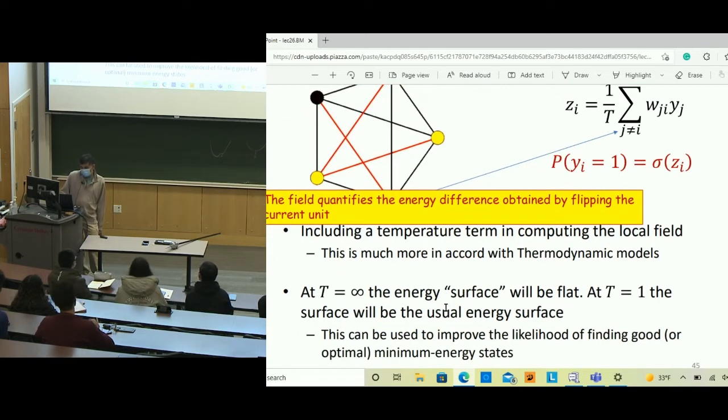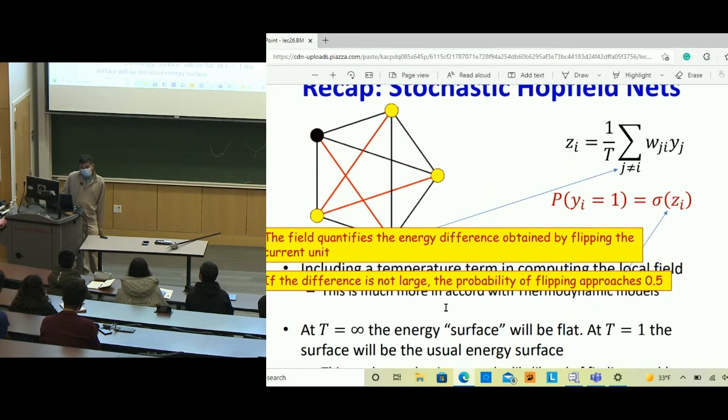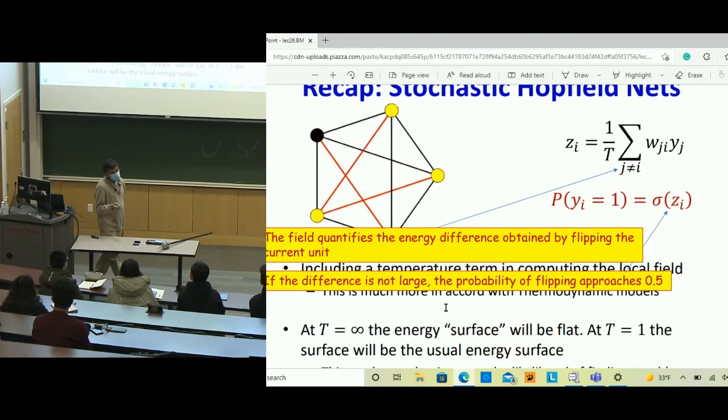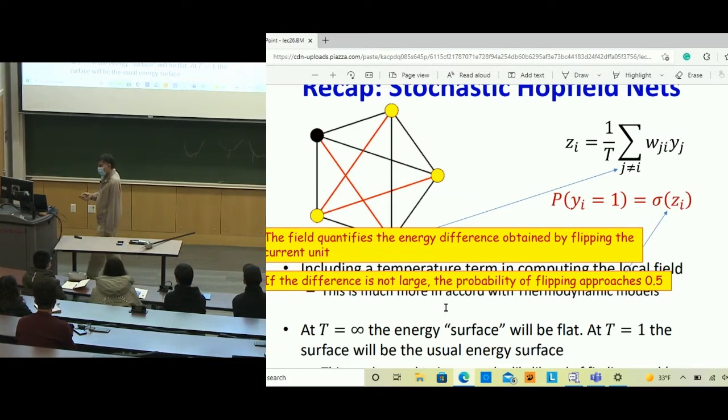This field quantifies the energy difference obtained by flipping the current unit. If the difference is not large, if the field is close to 0, then it doesn't matter whether that bit is 0 or 1. The probabilities of 0 and 1 both approach 0.5 if the field is close to 0.